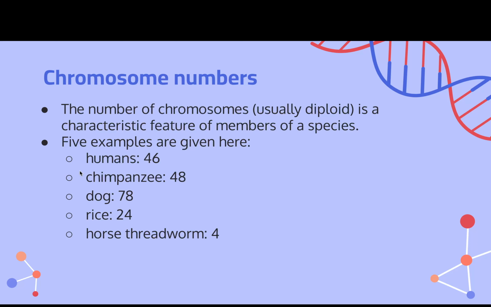We also don't really associate ourselves as being similar to dogs in terms of physical characteristics, because the way they're coded for and the way we're coded for is fairly different. They have 78 chromosomes, we only have 46, which means that there's a fair bit of difference between our gene sequencing and theirs.